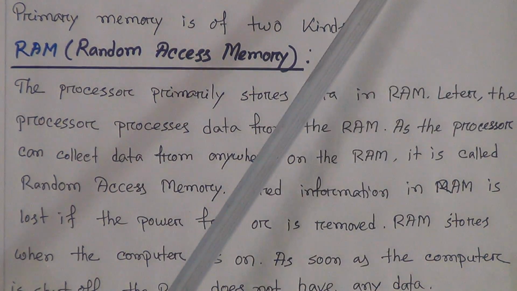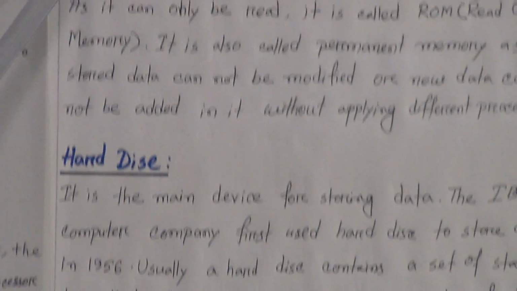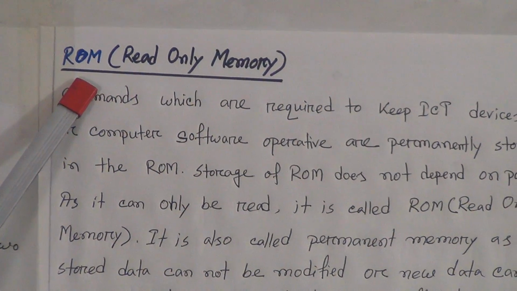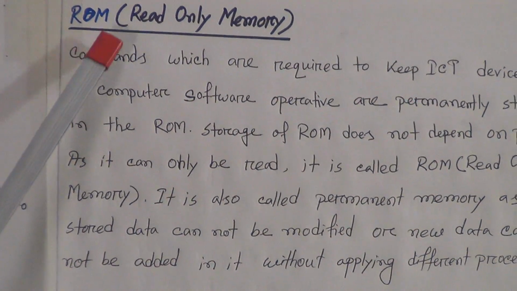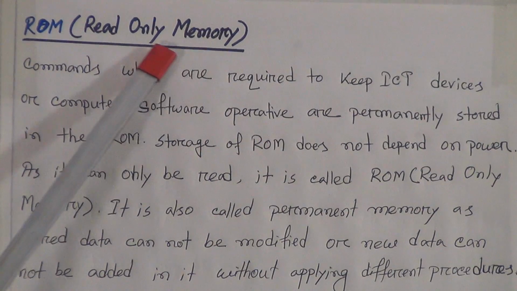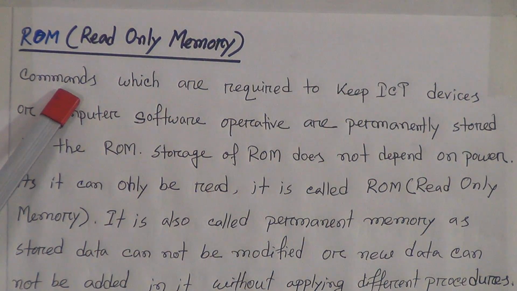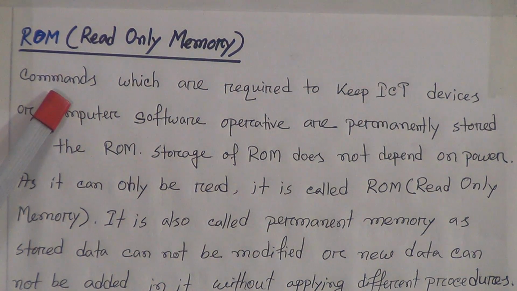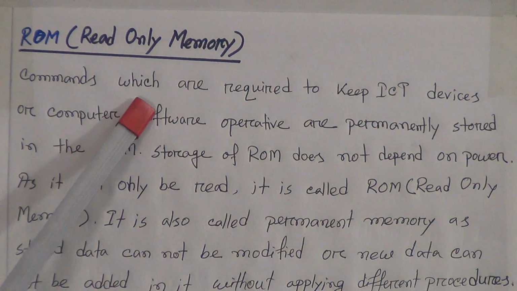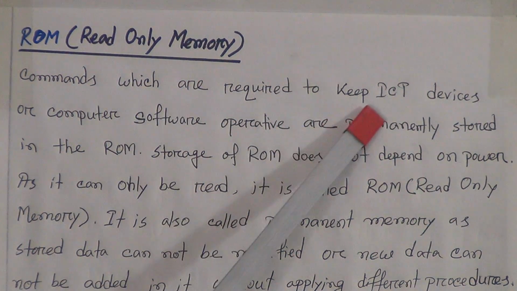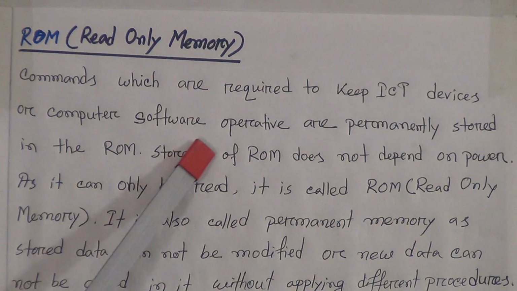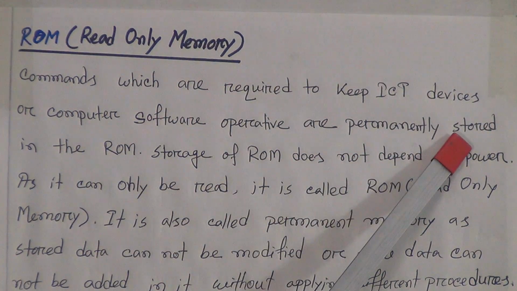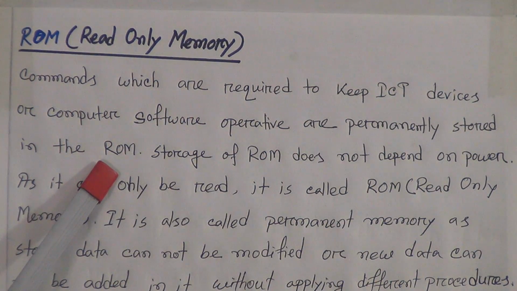And number two, ROM, read-only memory. From the name we can understand the function of this memory. Read-only memory, that means the memory which we can only read. We cannot change or input any other information or data. Commands which are required to keep ICT devices or computer software operative are permanently stored in the ROM.